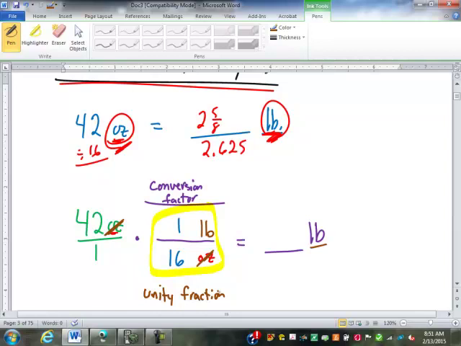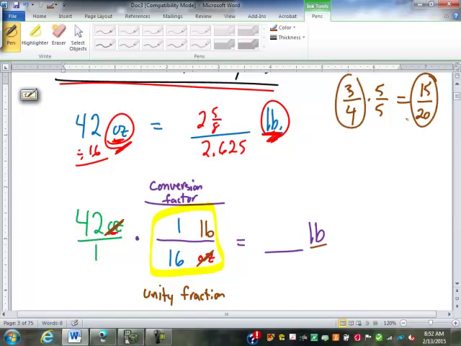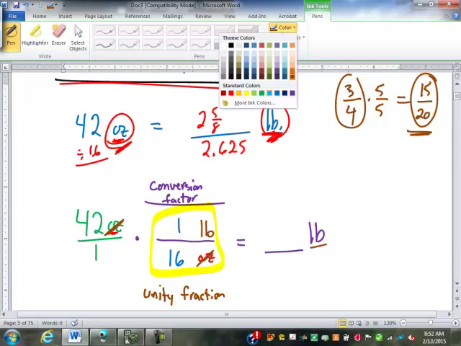Its true value is 1. It just appears different. So when we multiply anything by 1, it does not change its value, but it can change its appearance. Just like when we had fractions, if we had 3/4 and we multiplied it by 5 over 5, we were multiplying by 1, but it changed the appearance. 3 times 5 is 15, 4 times 5 is 20. It looks different, but it has exactly the same value. That's exactly what we're doing down here.